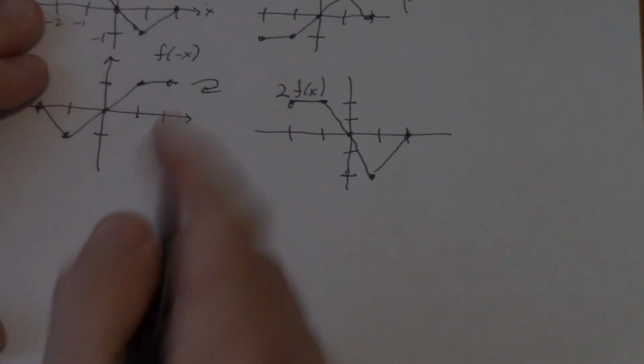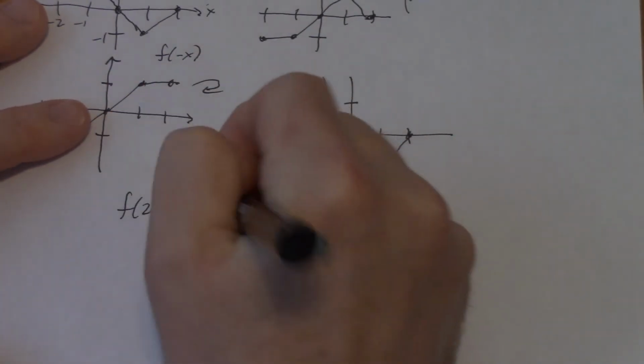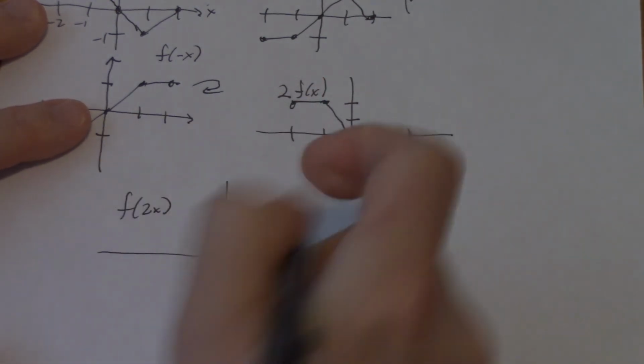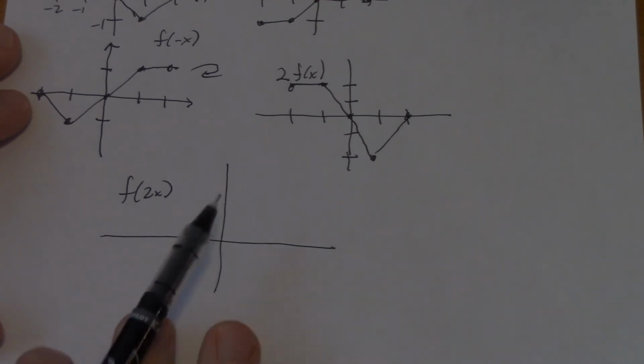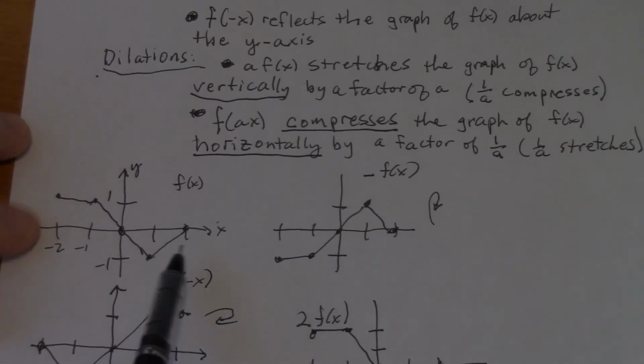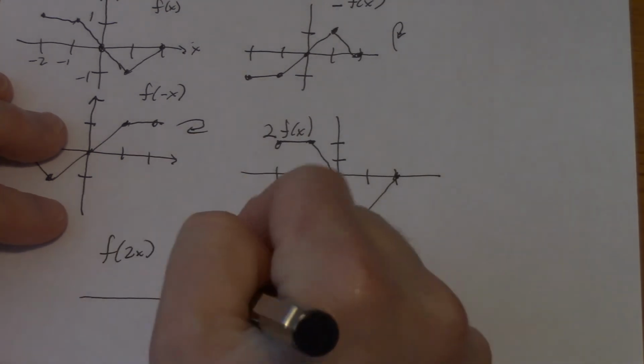Alright, and then we'll do f of 2x last. Okay, so this is supposed to be a deal where I'm going twice as fast. So this is going to affect the domain. Now, my domain is minus 2 to 2. So if I go twice as fast, I only need half of that. So the domain of f of 2x is going to be from minus 1 to 1.